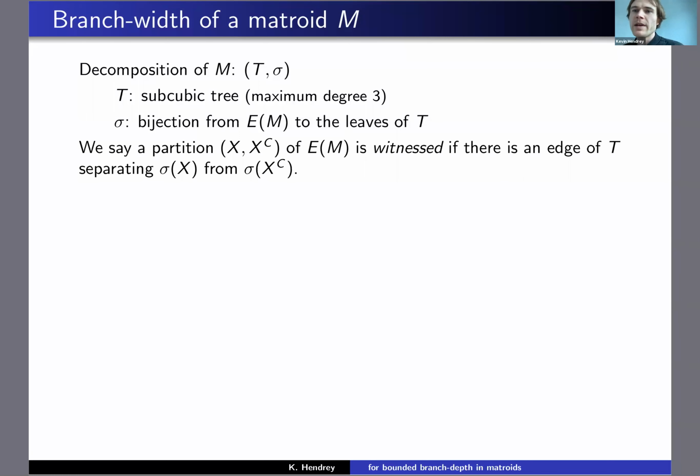If you partition the ground set of the matroid, we'll say that this partition (X, X complement) is witnessed if there's an edge of the tree separating the image of X from the image of X complement.